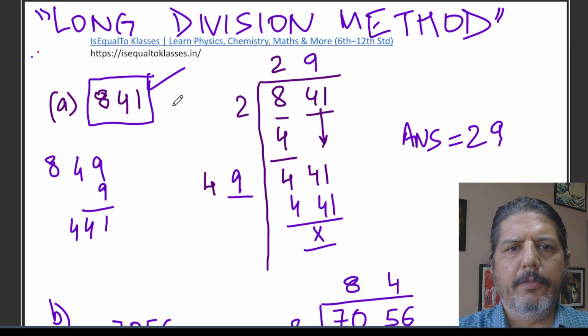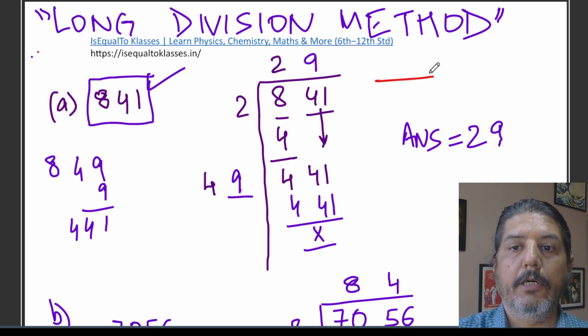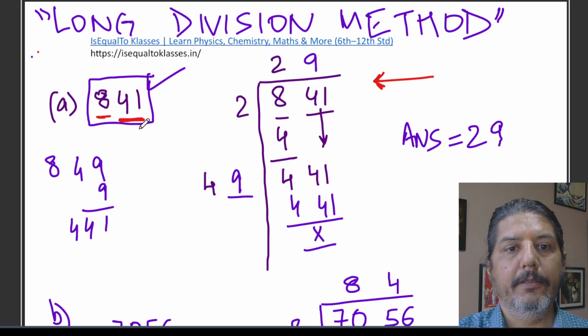So the number 841, I'll have to make pairs. But I have to go from right to left. For example, if 841 is there, I'll first make a pair: 41 would be a pair. 8 is alone, so I can't make a pair.